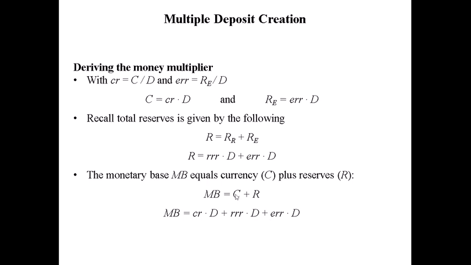So currency equals this, required reserves equals that, excess reserves equals that. That's the monetary base. Now I just factored out demand deposits, so I have the monetary base equal to the currency ratio plus required reserves ratio plus excess reserves ratio, and then we multiply that sum by demand deposits.